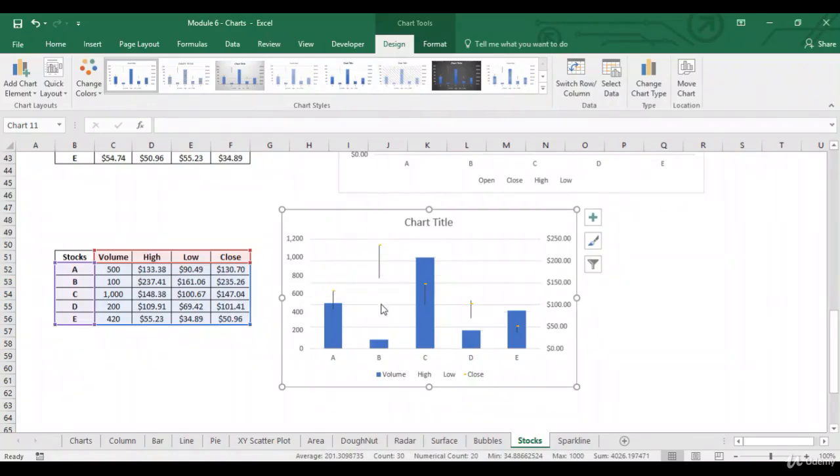I'll just remove these lines. So again, as I said, for stock A, 500 sold on day one. For stock B, 100 sold, but maybe because the stock prices are quite high and there was a lot of variability.